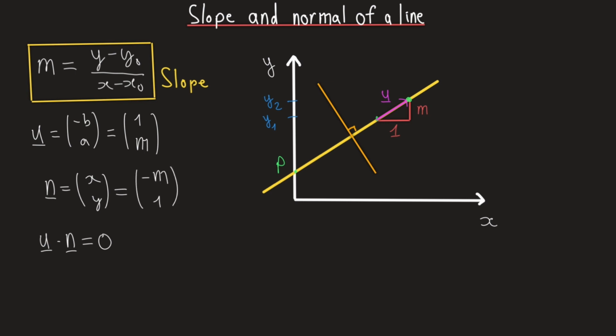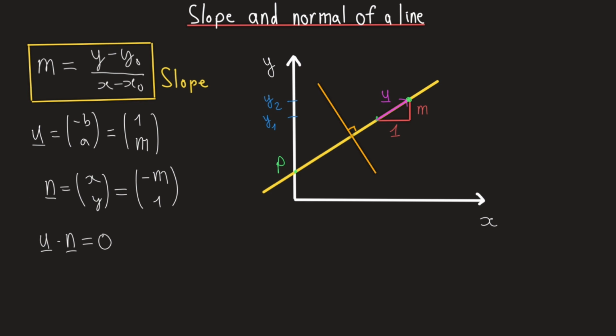Indeed, if we compute the dot product between these two vectors, we will multiply each coordinate respectively, so we have 1 times negative m plus m times 1, and so we have negative m plus m, which will be equal to 0. So indeed, n is a normal vector to our line here.